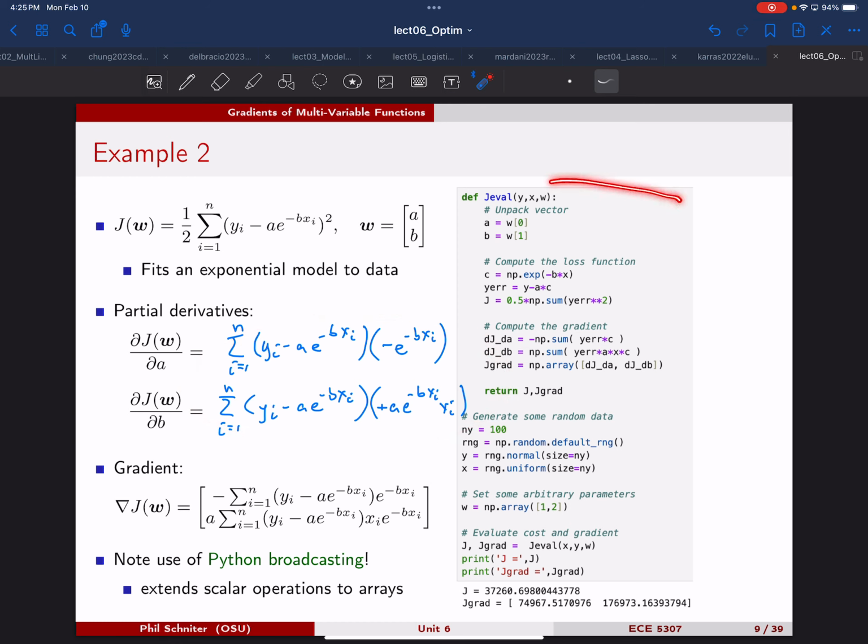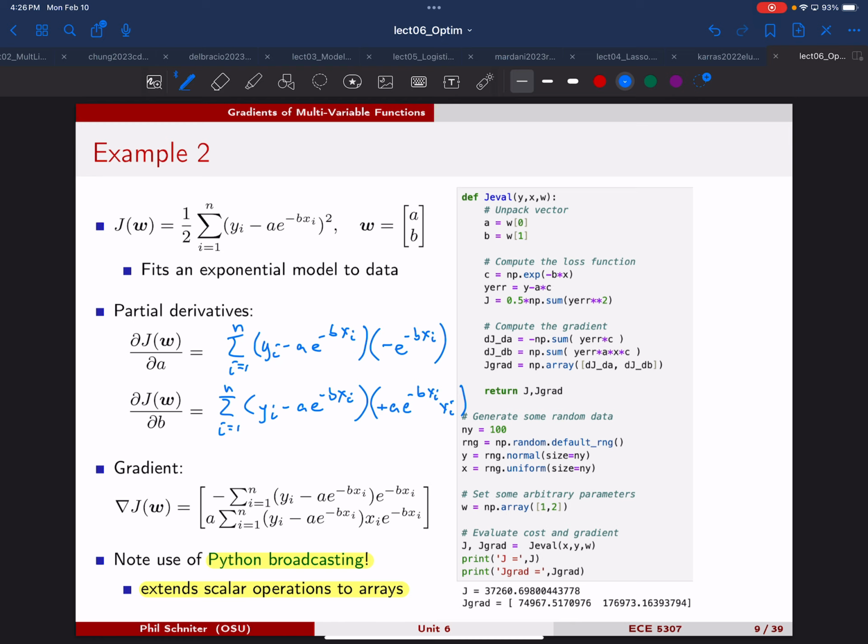And now we build another function to evaluate this. I want to point out something important about Python: it gives you some shortcuts that allow you to apply scalar operations to matrices, vectors, tensors, things like that. That's called Python broadcasting. Let me give you an example.